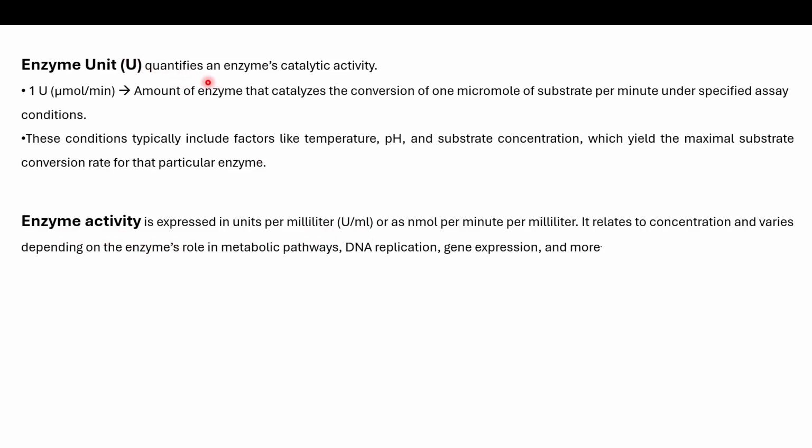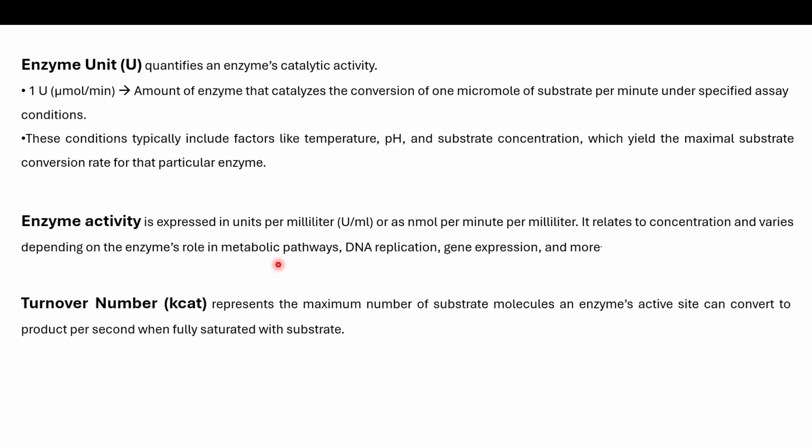This is the amount of enzyme that catalyzes the conversion of 1 micromole of substrate in a minute, and it is like the concentration, the units of enzyme being used per milliliter of reaction volume. It varies depending on the enzyme's role in metabolic pathways, DNA replication, gene expression, and other conditions.